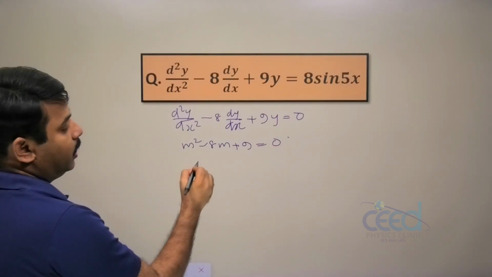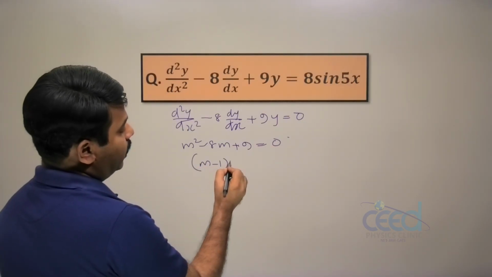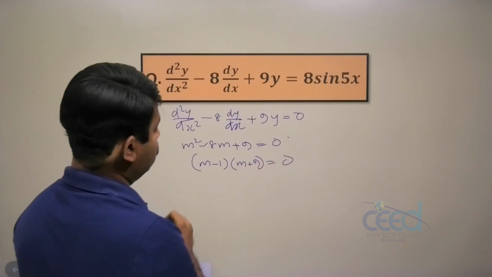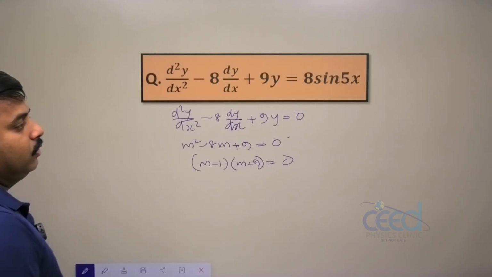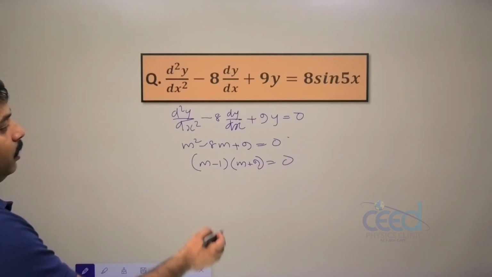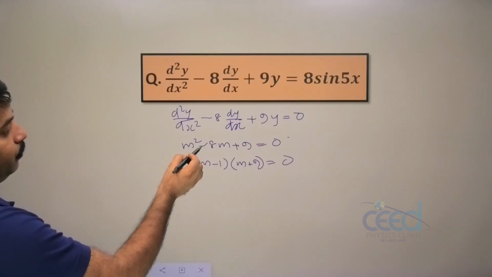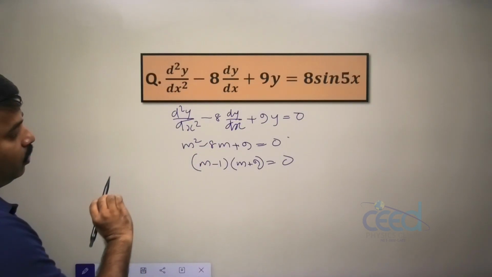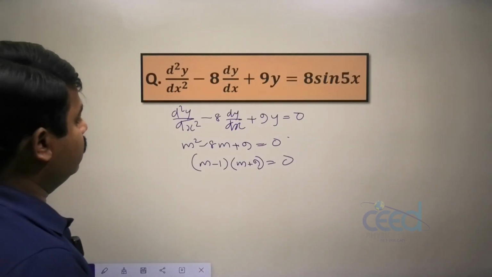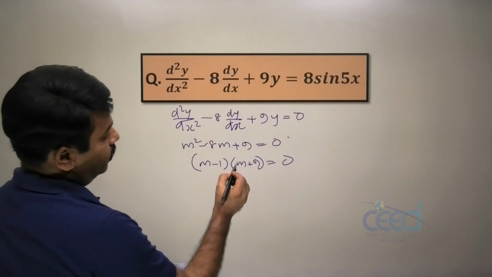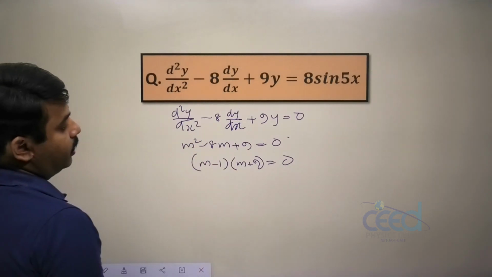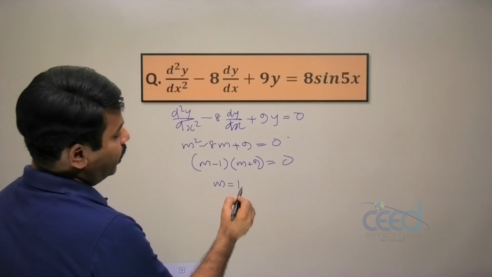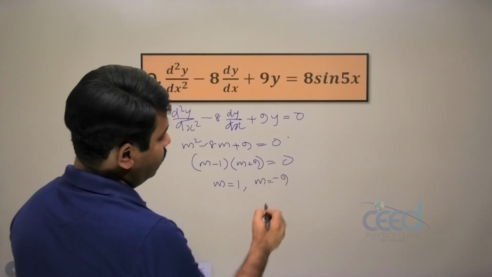Then m minus 1 into m plus 9 equal to 0. So m is equal to 1, m is equal to minus 9.